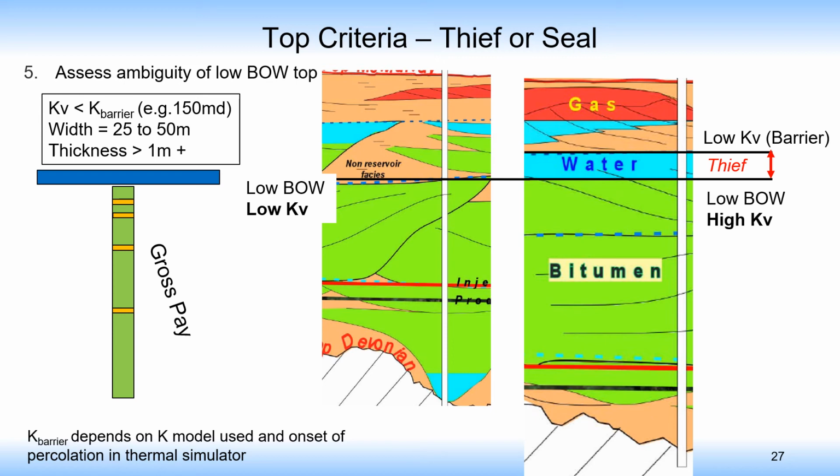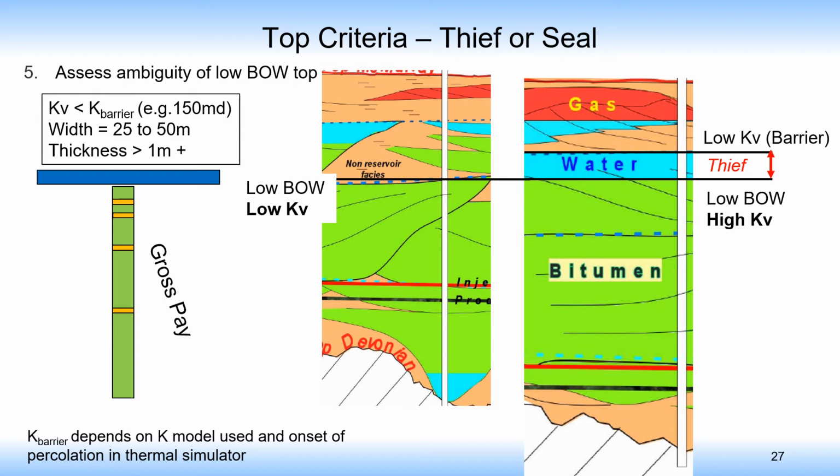For the top of the reservoir, you get low bulk oil weight and low vertical perm; that's the top. And here it's going to be low bulk oil weight, high vertical perm, because of high porosity, but it's wet. So looking for a low vertical perm, it'll hit it up here at the top.